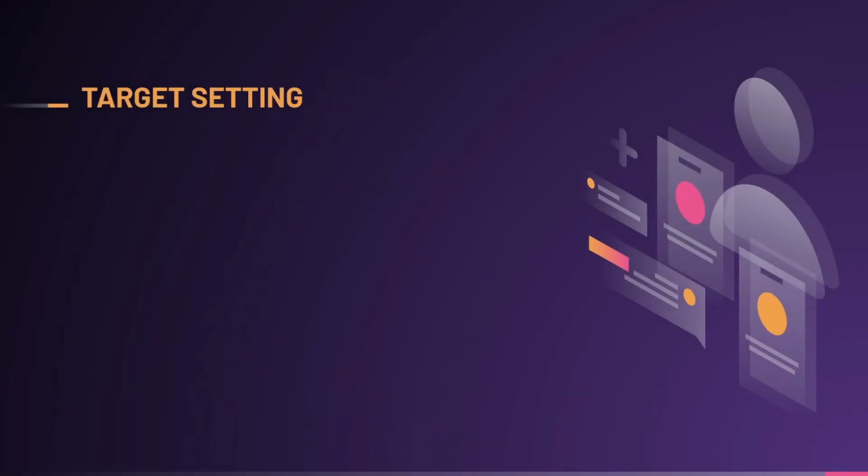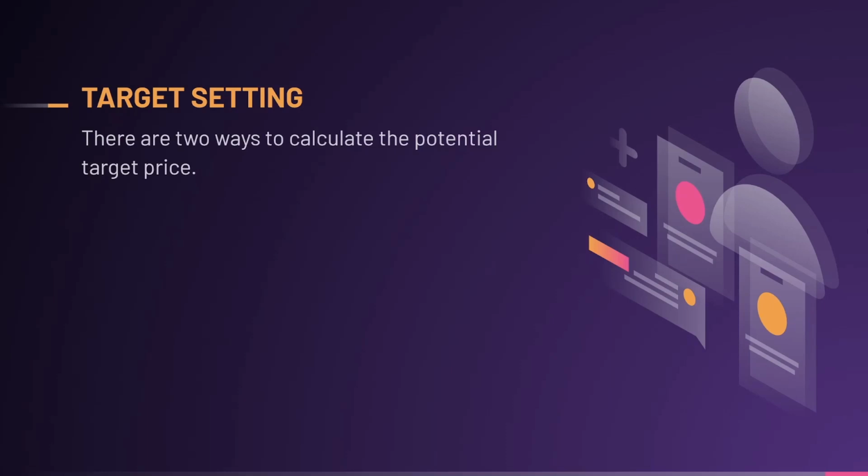Okay? Now, what we're going to discuss, as we said, is setting targets, and I'll also give examples for further clarity. Okay? Now, there are two ways to calculate the potential target price when implementing wedge theory.